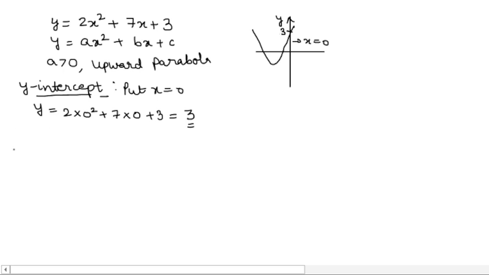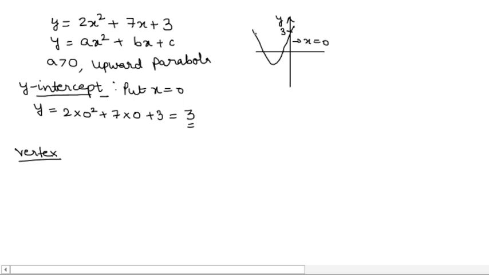So this point is basically 3. After this, let us try to find the vertex of the parabola. So now what is meant by vertex? A vertex is the turning point of the parabola. If you see the path of the parabola, as we travel from here along the positive direction of the x-axis, it goes like this.